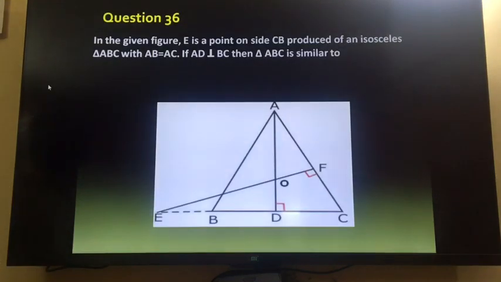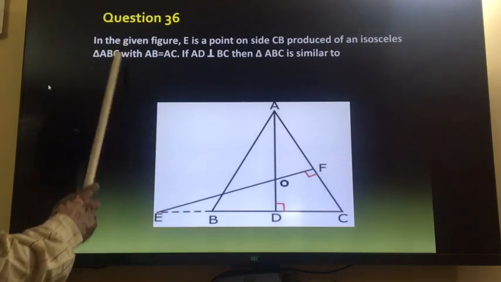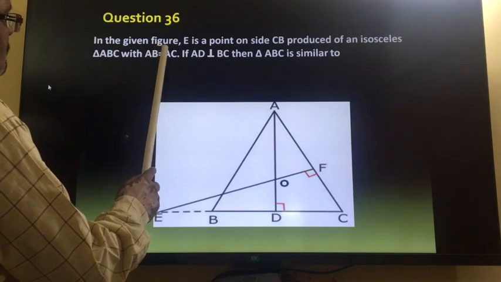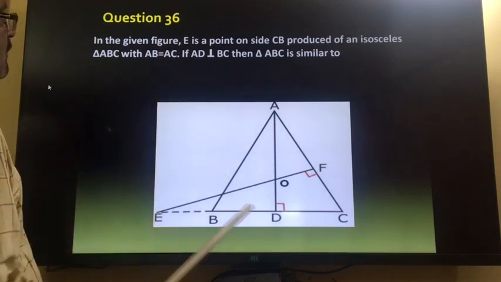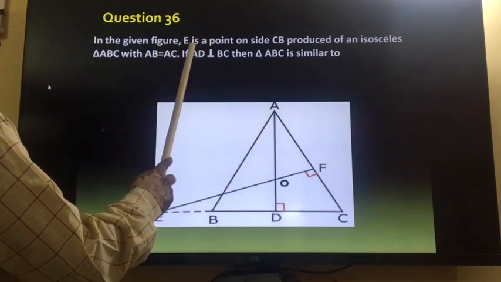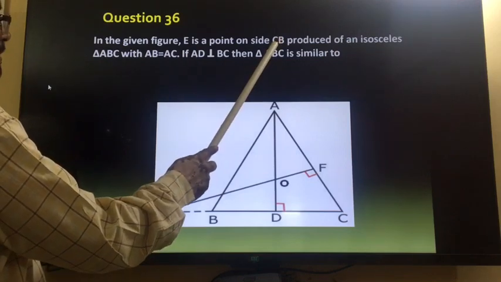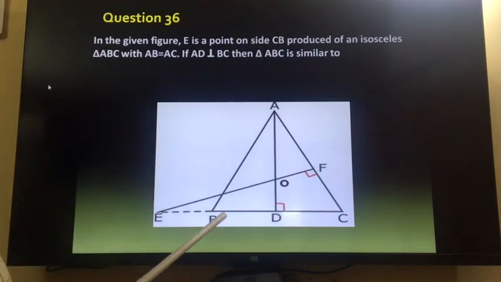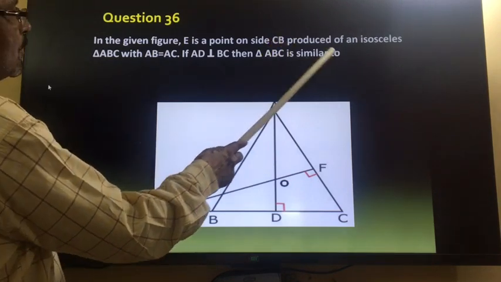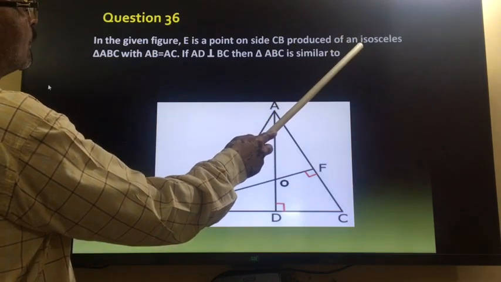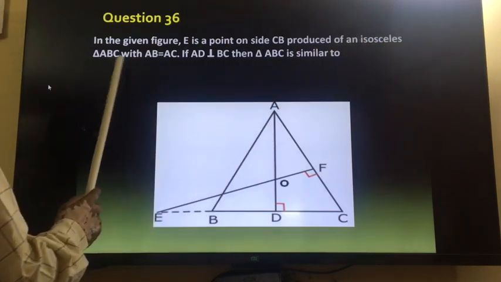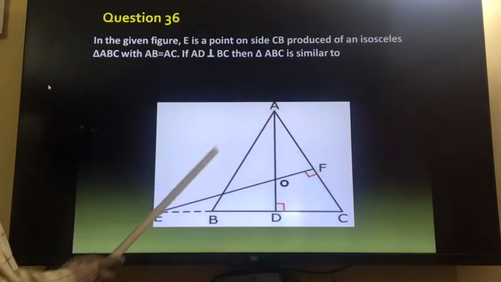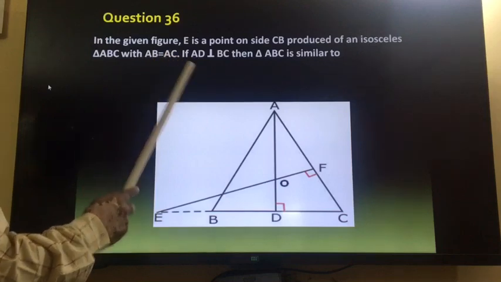Now come to question number 36. In the given figure, one figure is given. E is a point on side CB, so the CB line is extended, and E is a point on CB produced of an isosceles triangle ABC, in which AB is equal to AC.